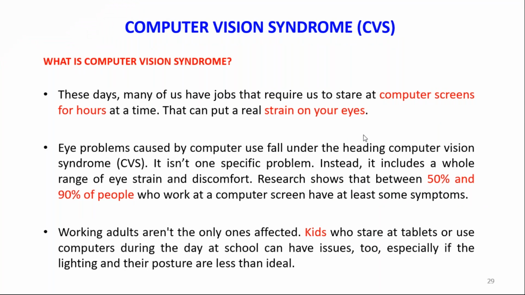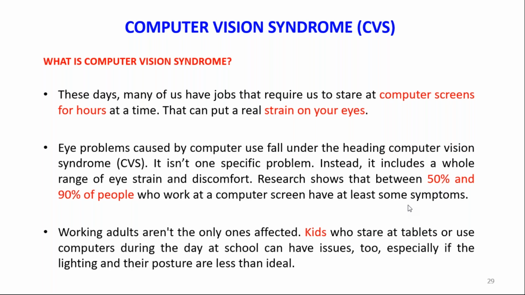We have already discussed that if you are working at computer screens for hours, then the strain on your eyes, that condition is called CVS. Research shows that between 50 to 90% of people who work at a computer screen have at least some symptoms. If your screen and eyes distance is less, then you may have some symptoms.